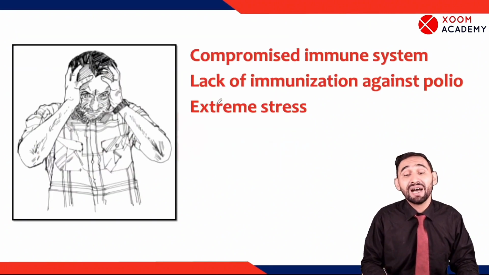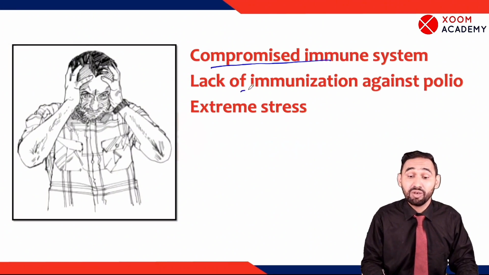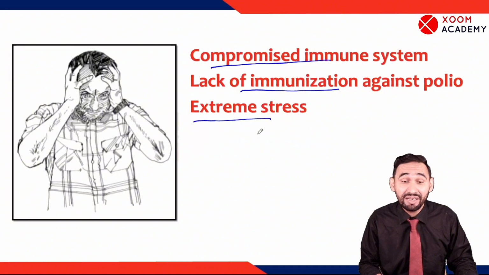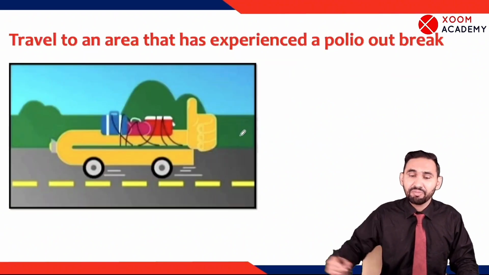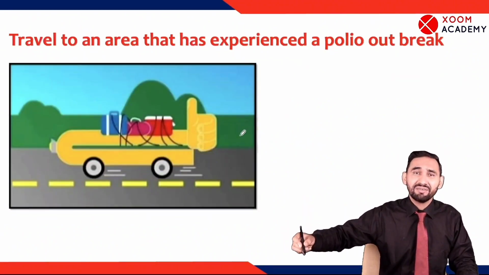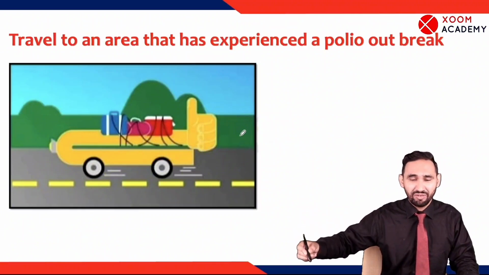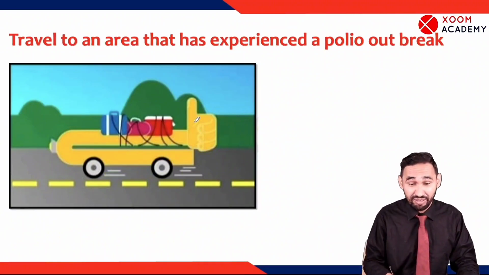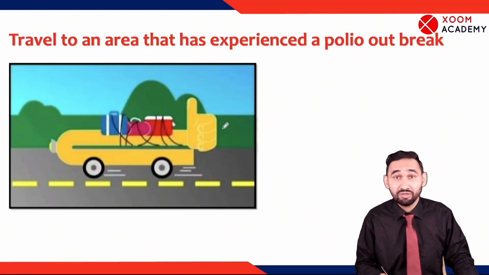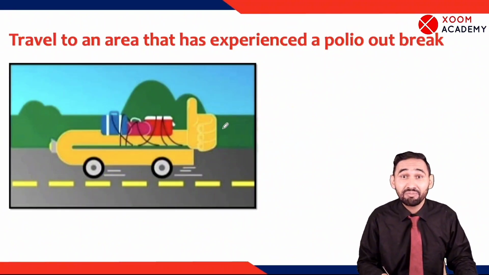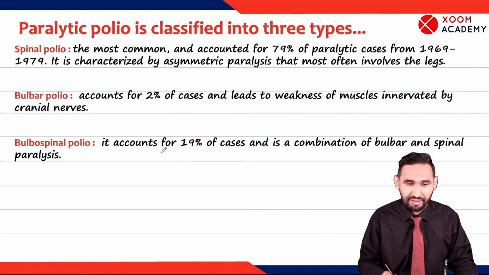Those who have a compromised immune system, lack of immunization against polio, or extreme stress may develop polio. People who are traveling to an area where there is an outbreak of polio are at high risk of developing polio. So you must limit traveling to polio endemic or polio epidemic areas.